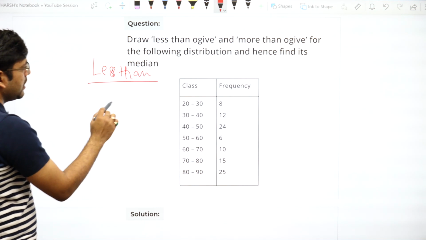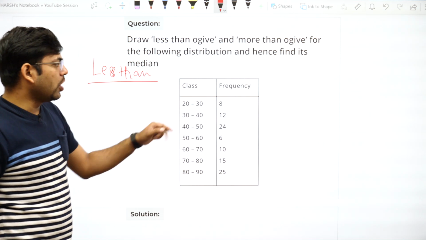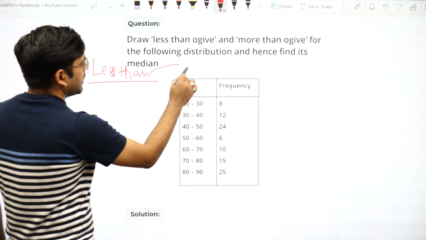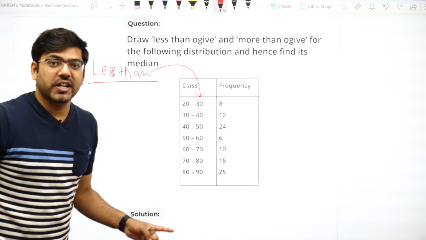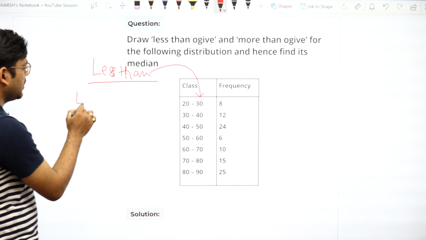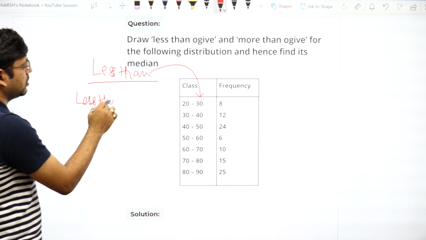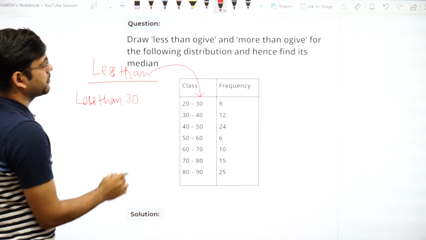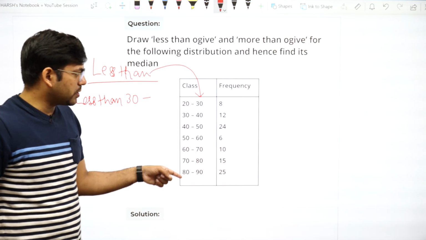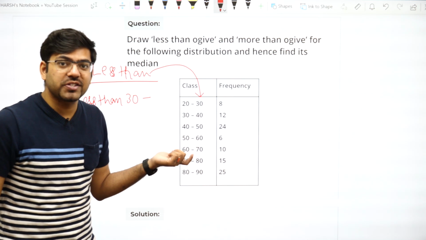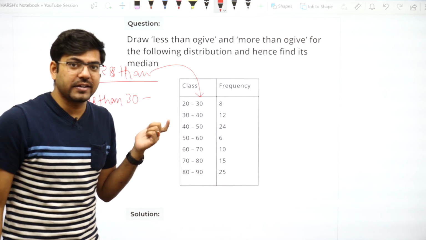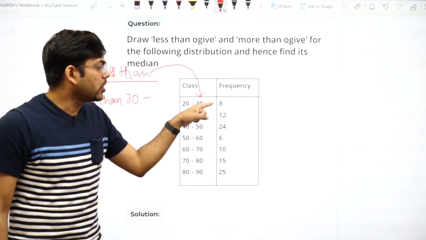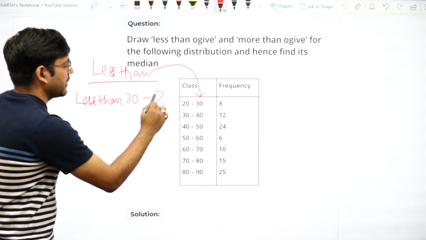For less than, always take the upper limit of the class. So you'll write less than 30. Can you tell me how many values are less than 30? In 20 to 30, all the values would be less than 30, isn't it? Because they are in the 20 to 30 bracket. So that is 8. We'll write here 8.